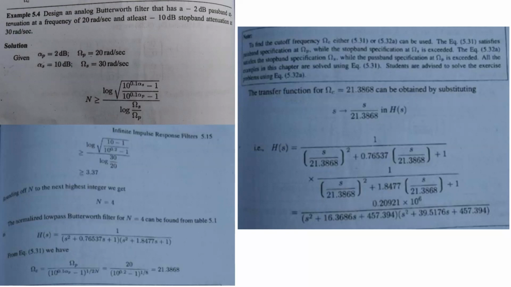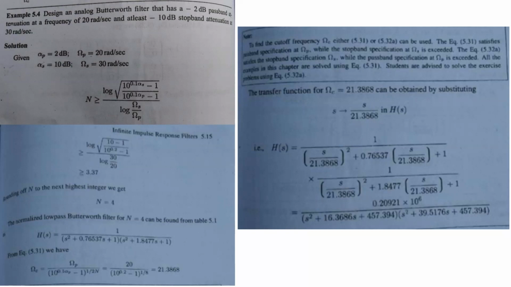Omega c is now 21.3868 in this case, and the final transfer function can be obtained by substituting s in the normalized response by s upon 21.3868, as you can see here. So this is the way to find out the response of an analog Butterworth filter from the given specifications.